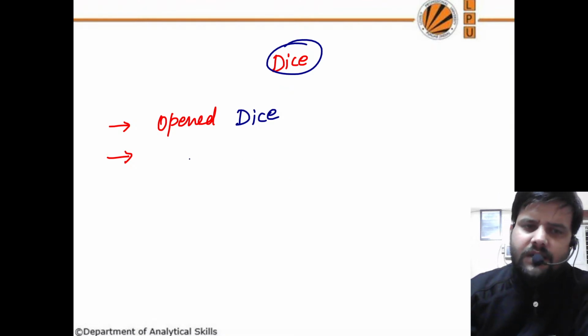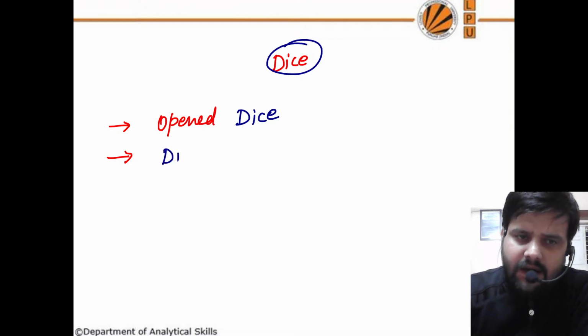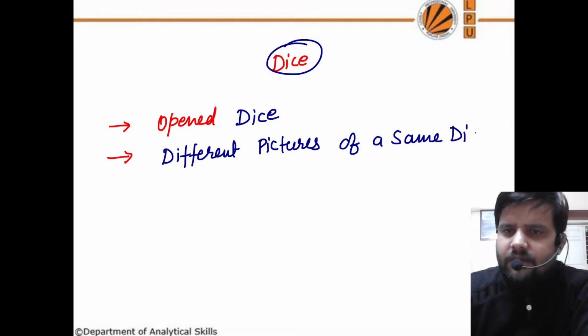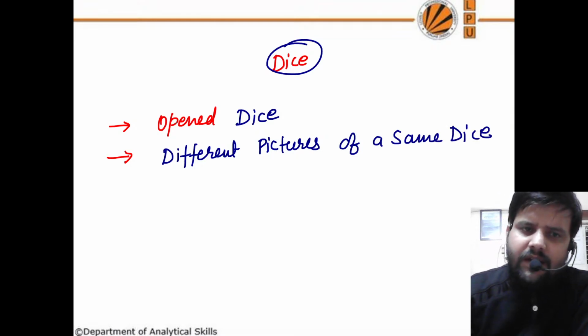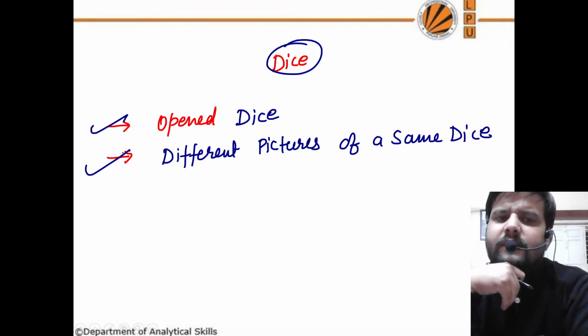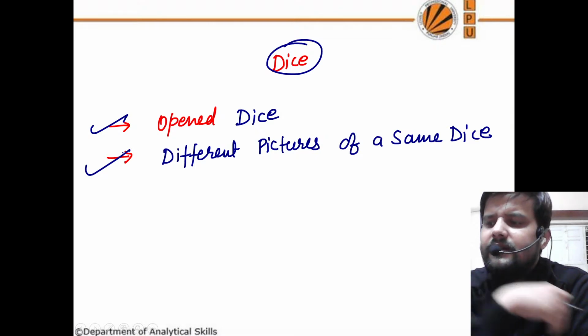First is based on open dice and second will be based on different pictures of a same dice. Let me clarify you. Only two main types are there, open dice and second will be different pictures of a same dice.